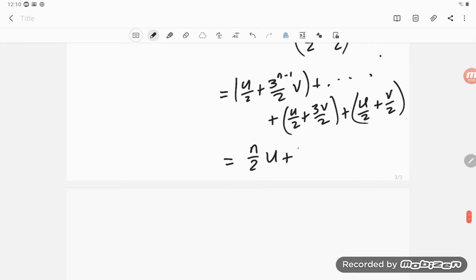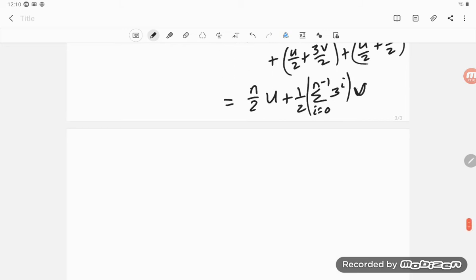If you look at this, we have 1/2 and then times the sum, and it starts at 3 to the 0, so I equals 0 to n minus 1 of 3 to the I, and then all times v.